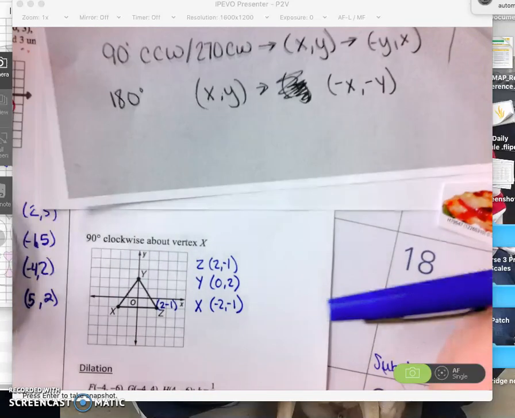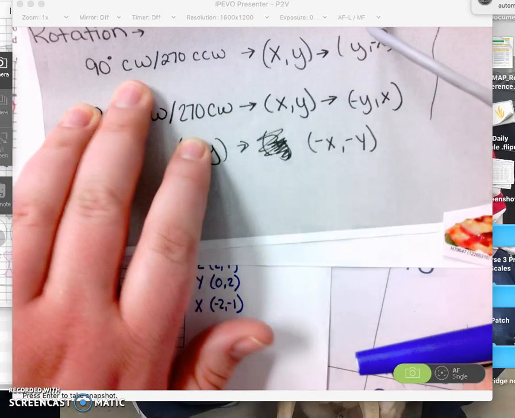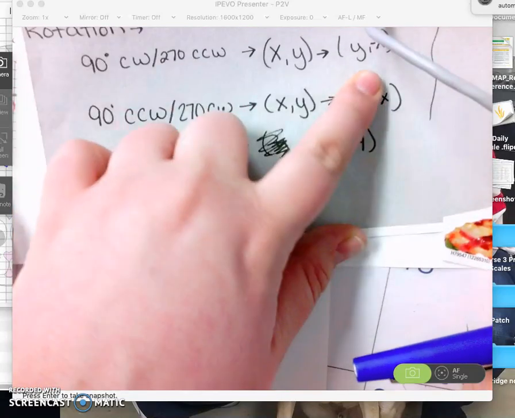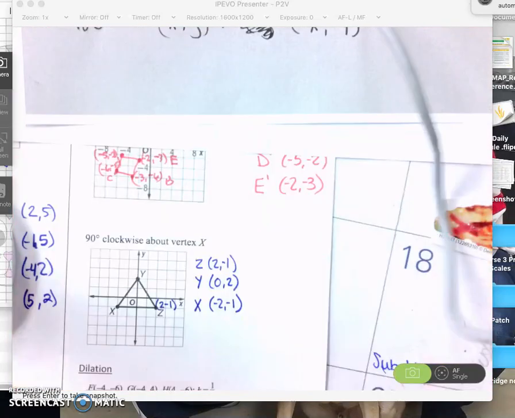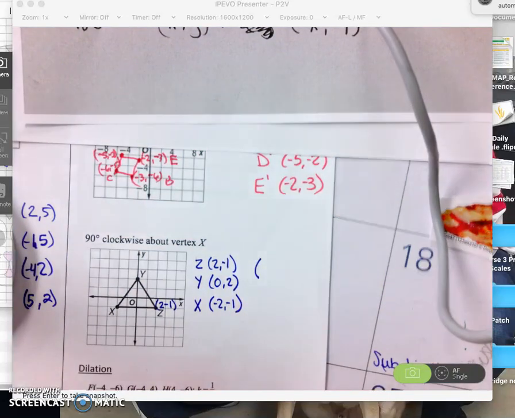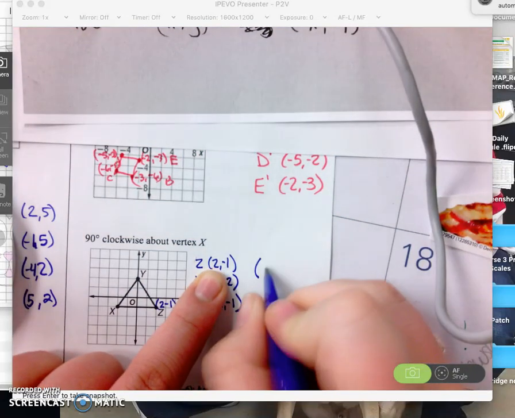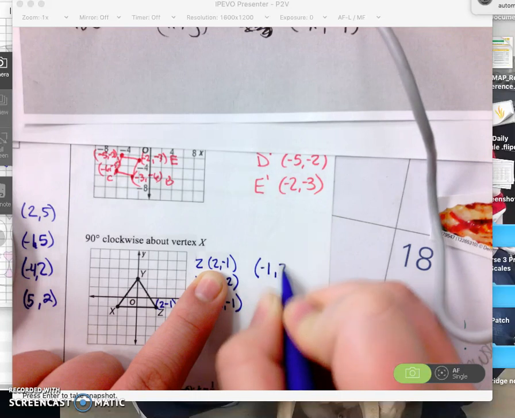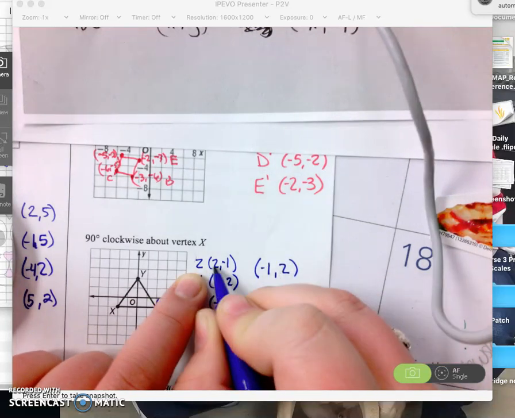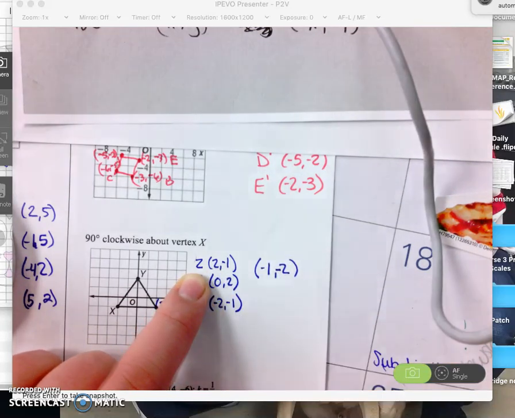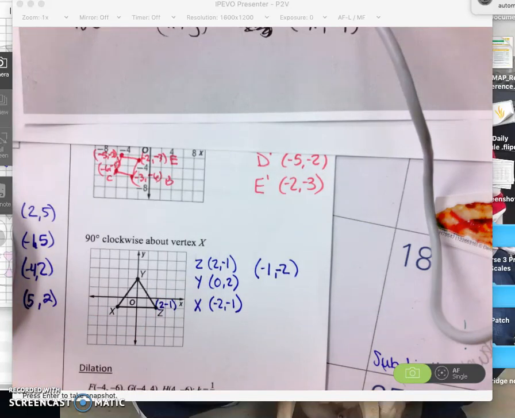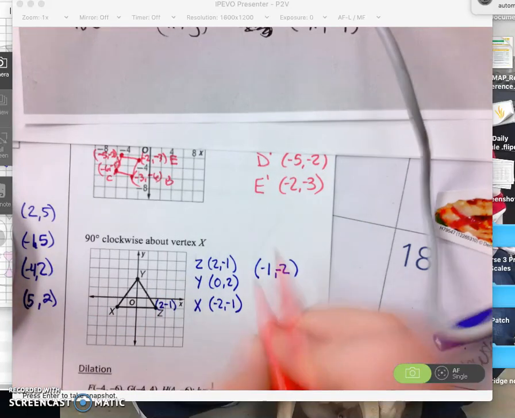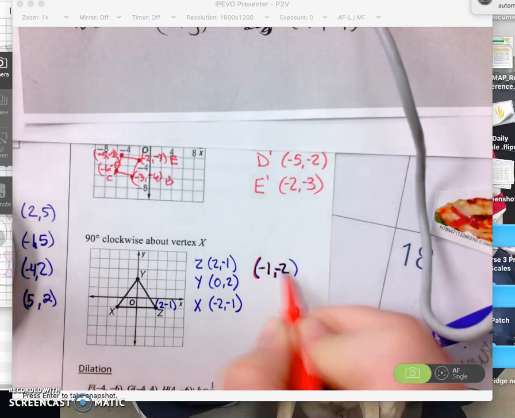So 90 degrees clockwise would be 90 degrees clockwise here. So XY becomes, we're flipping them, and we're negating that X. So we flip these and negate this X here. So -1, and I should be showing this in red. -1, -2.